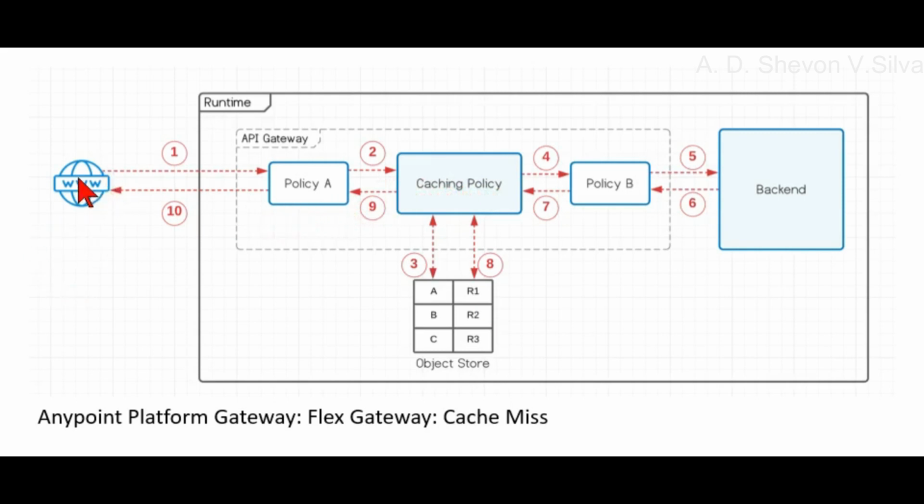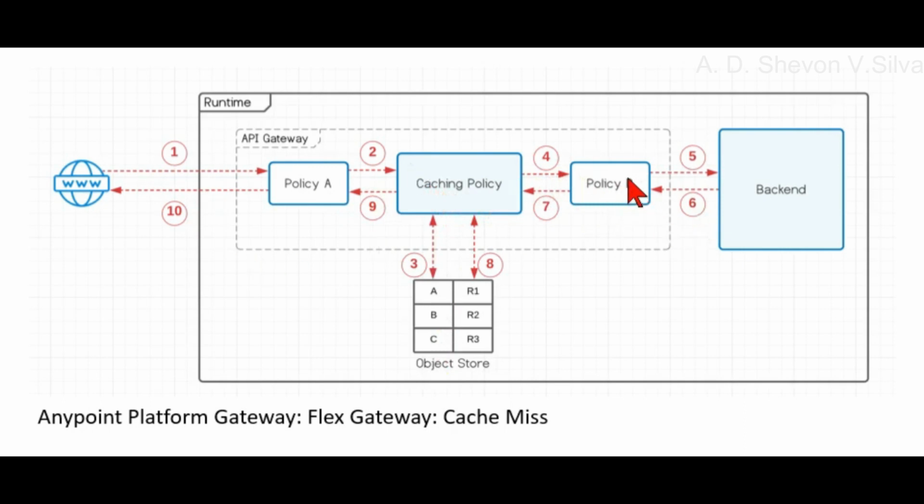Here you can see the client is connected to policy A, and policy A is connected to the caching policy, and the caching policy interacts with the object store here. The caching policy is connected to policy B, and policy A, the caching policy, and policy B are in the API gateway.